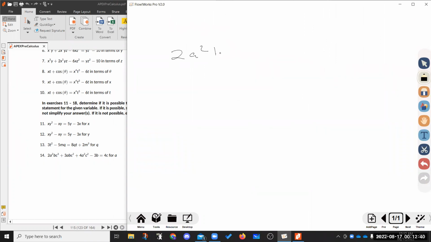2a squared b c cubed plus 3abc squared plus 4a squared c squared minus 3b equals 4c. Solve for a. So first thing, I want to get the stuff away from the a's that doesn't have anything in common with them.